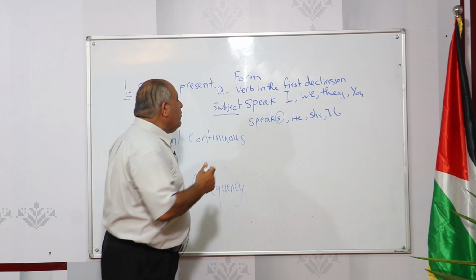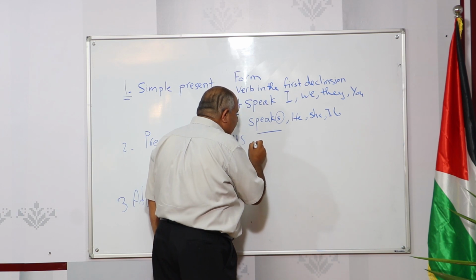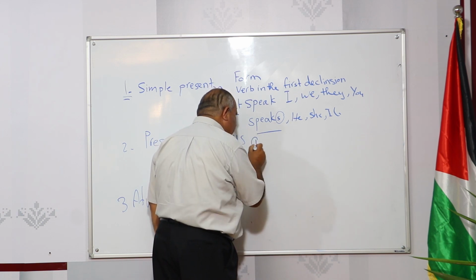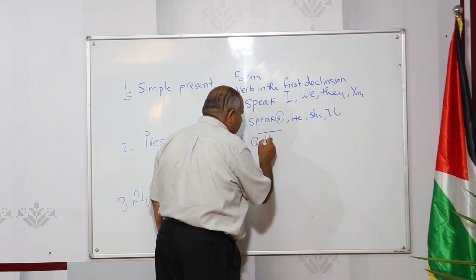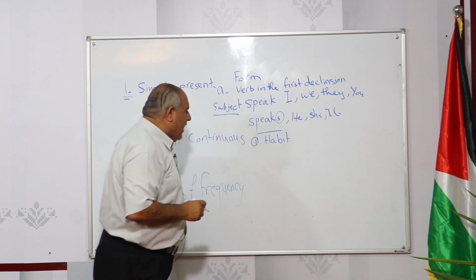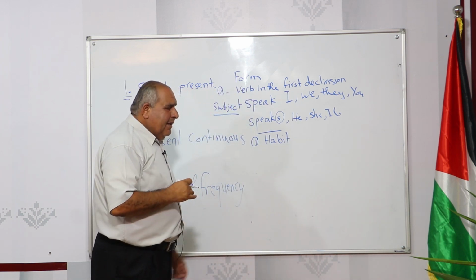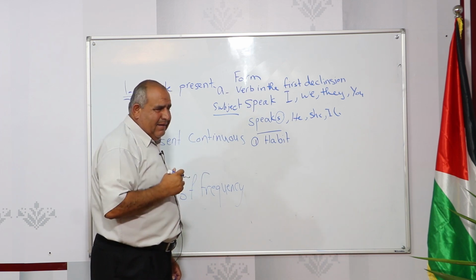Now, when do we use the present simple tense? We use it in different situations. Number 1, when we talk about a habit, something that occurs again and again and again.